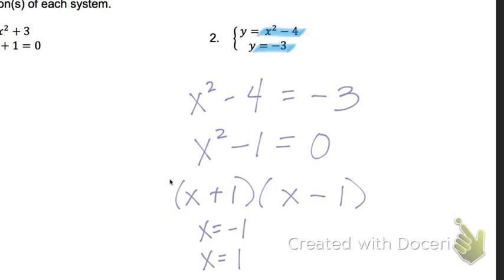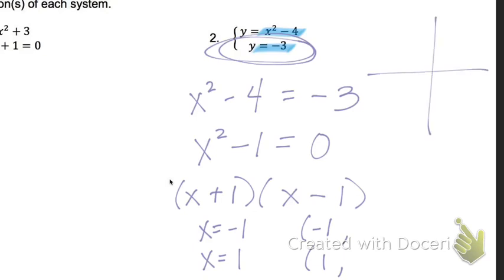You wouldn't count off if we just put x equals plus or minus 1. But I want two ordered pairs. So I'm going to have -1 something and 1 something. What kind of line is this? Just y equals -3. It's a horizontal line. So if I had my graph, it would be here at -3.